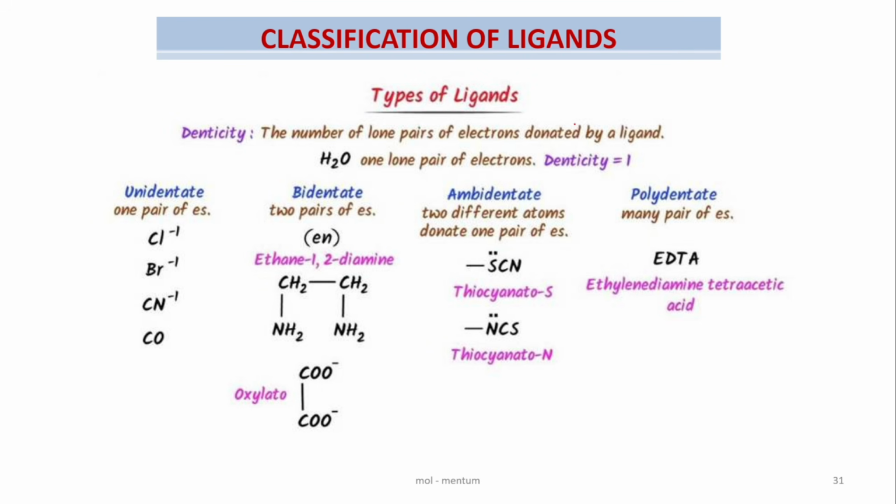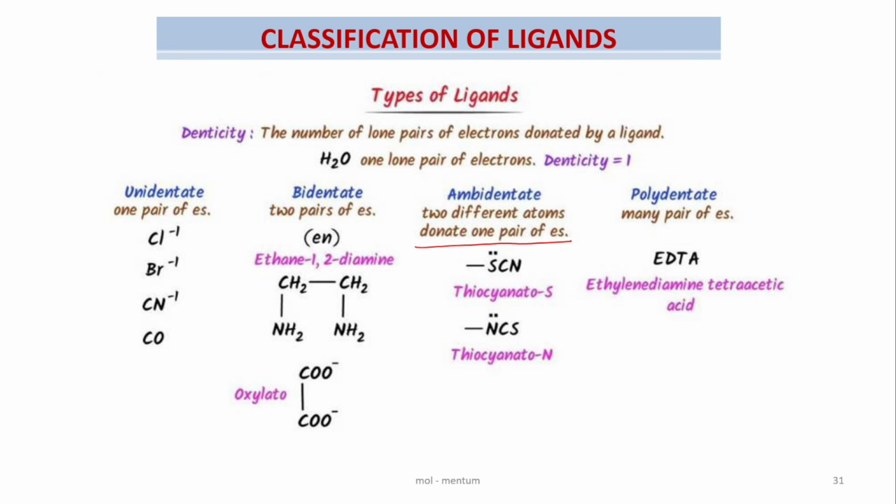Now, this category is very important in ligands. The most important category is ambidentate. Ambidentate ligands are those in which two different atoms can donate, but they donate only one at a time.